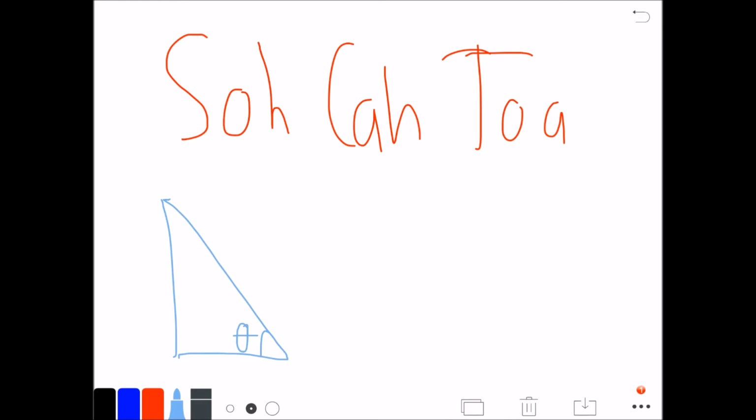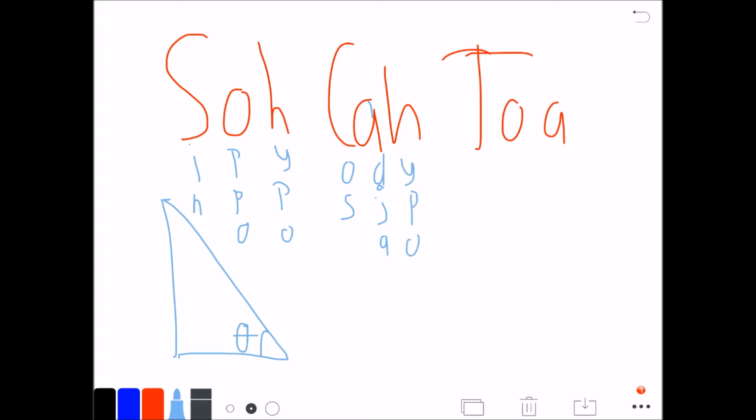So the S stands for sine. So sin, and this means opposite. Opposite over hypotenuse. And the C is cosine. And this, the A, means adjacent. Oh, I used the blue to change the word. Okay, sorry. And then the H, again, stands for hypotenuse.